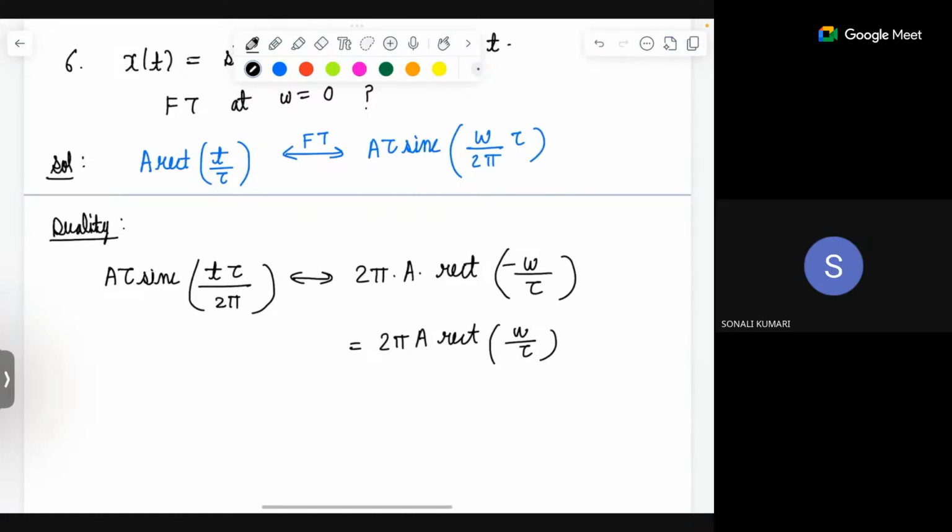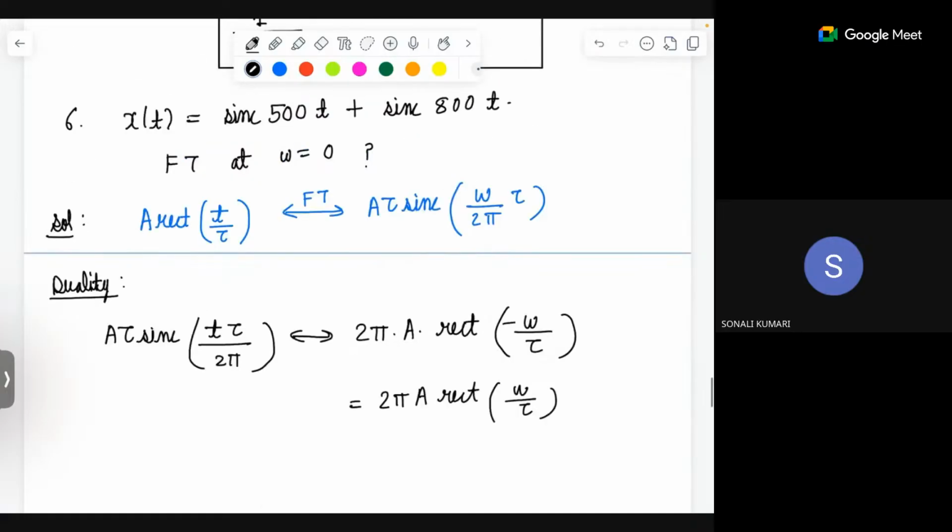And how does rect look like? This A rect t by tau has this amplitude, and tau by 2, minus tau by 2. This is how A rect t by tau looks like. This we discussed in the very initial weeks, and in the last week we discussed these Fourier transforms.